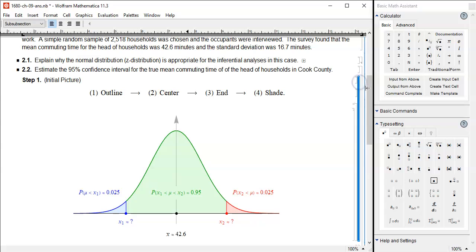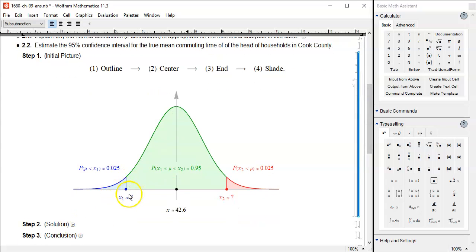This picture is symmetric, so we can find one end and use symmetry to find the other. Whether you find the right or left, it doesn't matter to me, but my preference is to find the left-hand side. If you prefer the right-hand side, go ahead. I do it to the left.